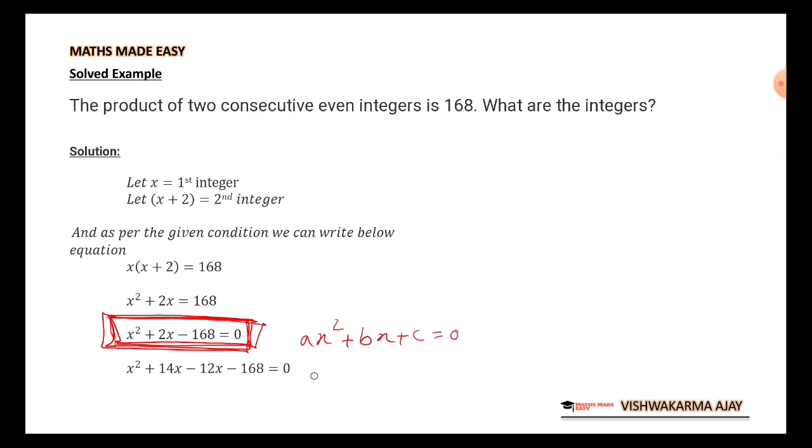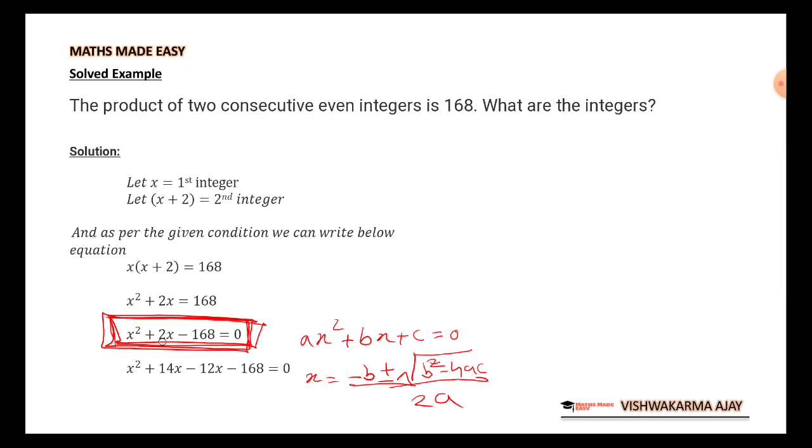You can use many formulas, like x is equal to minus b plus minus root of b square minus 4ac upon 2a, or you can use the perfect square method. I'm going to use the factorization method.